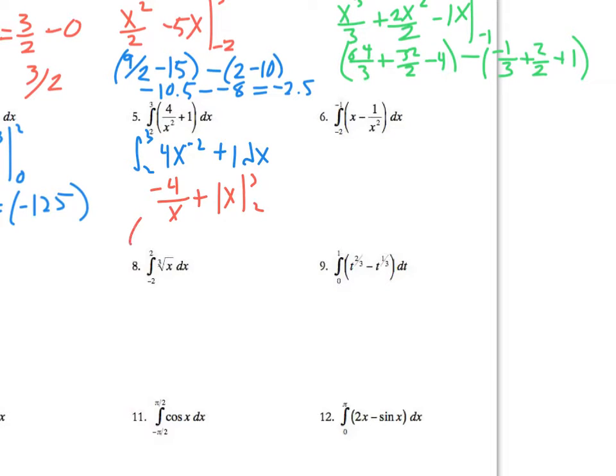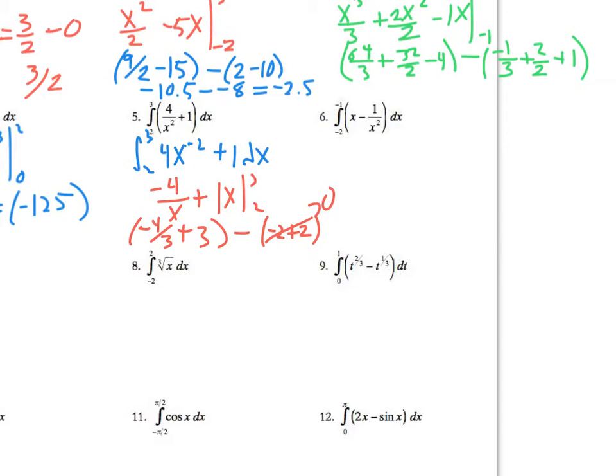That would be negative 4 over 3 plus 3. And then minus negative 4 over 2, which is negative 2, plus 2, which is 0. Ooh, that's kind of nice. So just negative 4/3 plus 3.